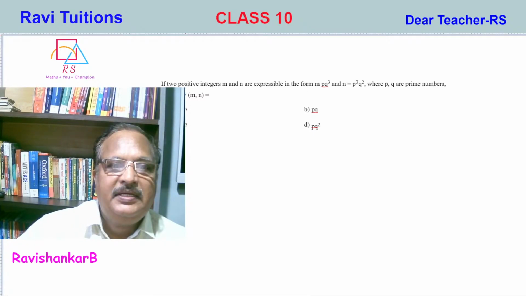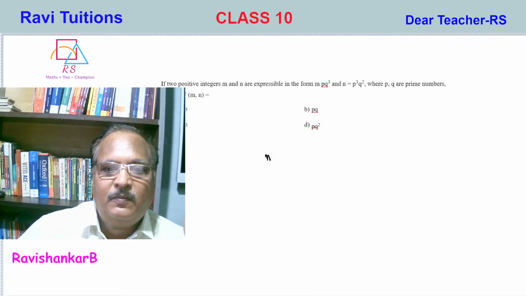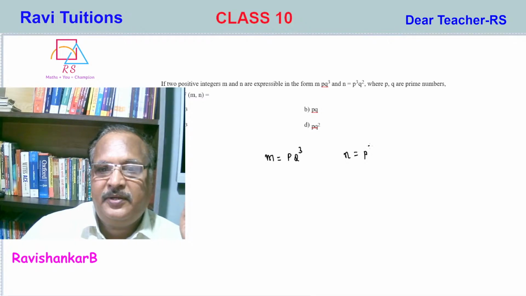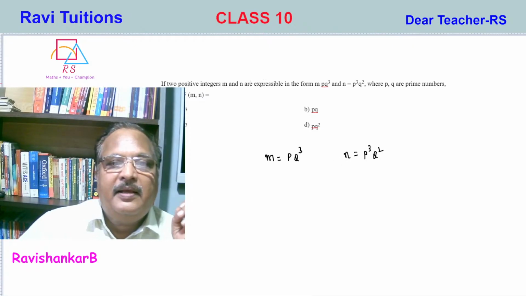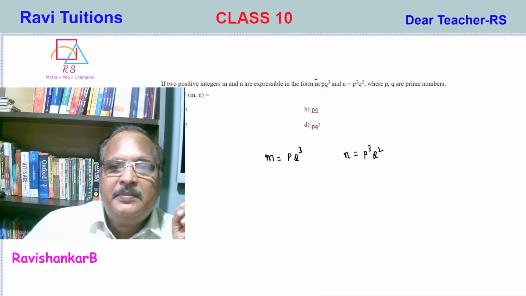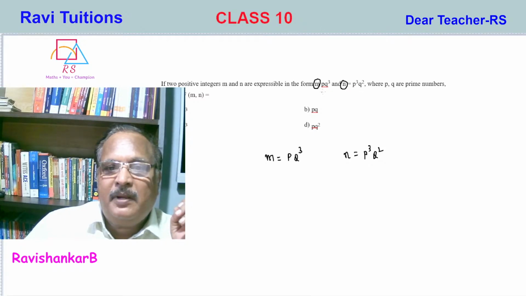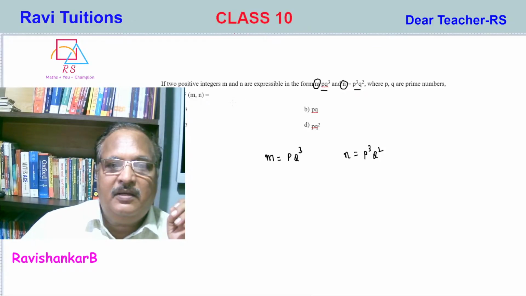Here m is one number and n is another number. m is equal to p q cube and n is equal to p cube q square, where p and q are prime. What is the HCF of m and n?